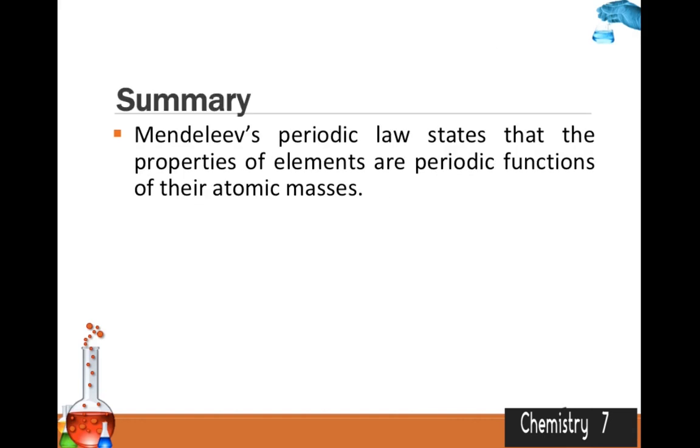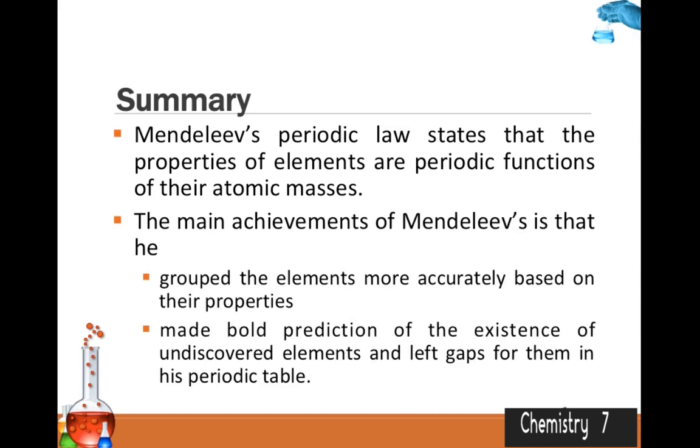In summary, Mendeleev's periodic law states that the properties of elements are periodic functions of their atomic masses. The main achievements of Mendeleev's is that he grouped the elements more accurately based on their properties, and he made a bold prediction of the existence of undiscovered elements and left gaps for them in his periodic table.